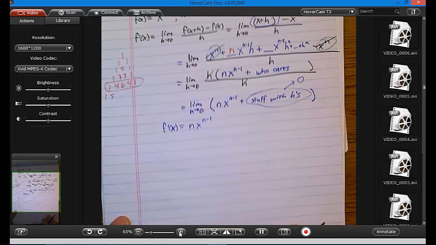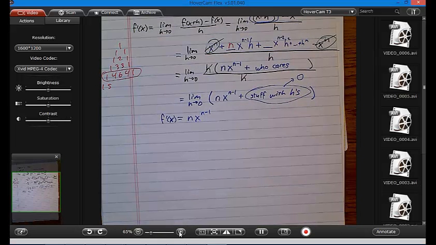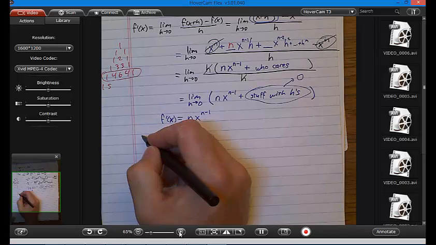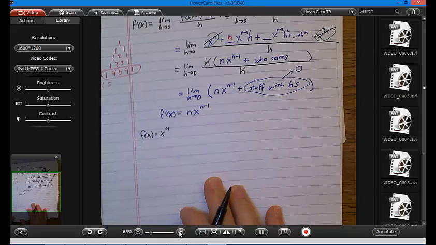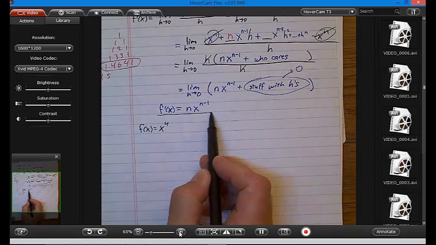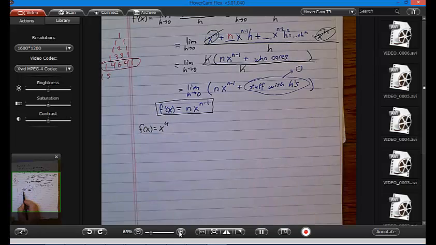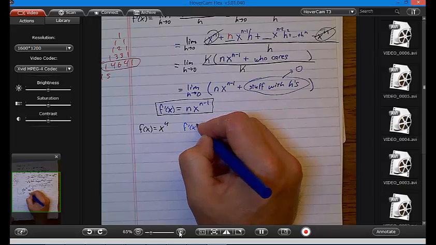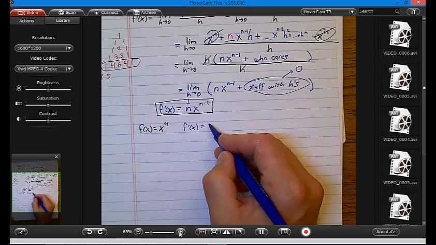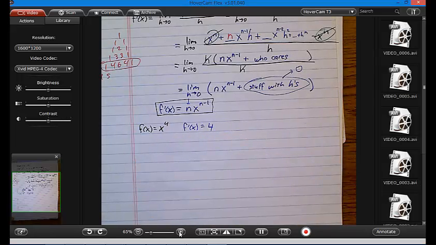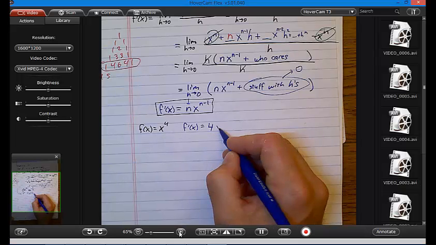Yeah. And that's my bing bing rule. I can now do all kinds of derivatives using bing bing. Watch. The fast way to do the derivative of x to the 4th. Remember how long this took us Friday? I'm going to use this little rule here. Bing bing. What I mean by that is, if you want f prime of x, bing, take that exponent and put it out front. Bing, write x to what power?